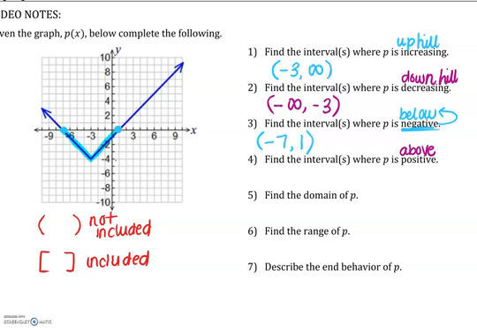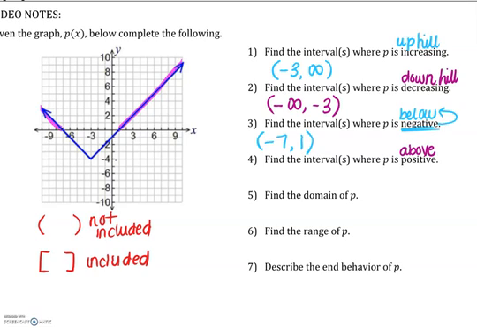If we switch gears and look at positive, I'm looking for where my graph is above the x-axis. So I have this portion off to the left, and this portion off to the right. Because I have 2 separate pieces of my graph that are above the x-axis, I'm going to have 2 intervals.